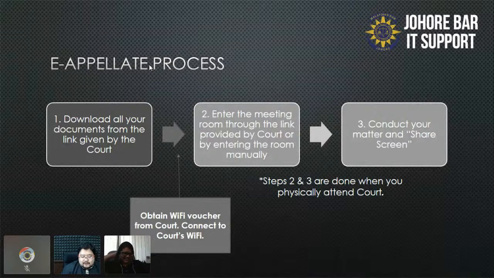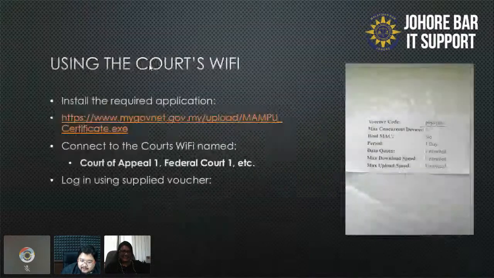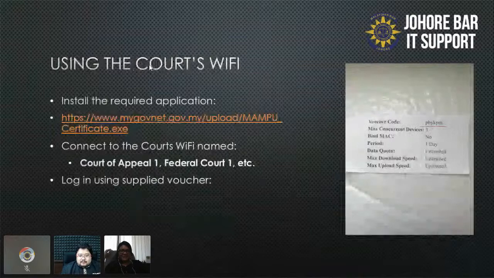Yes. So there's a little bit of a process to connect to the Wi-Fi. I think, Aimee, you've got to explain this because I've not gone through it. Right. So when you enter the courtroom, you go and see, as usual, the Juru Bahasa to register your attendance, etc. Then she will give you this slip that you see on screen, which has that voucher code.